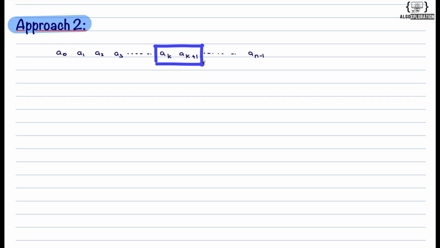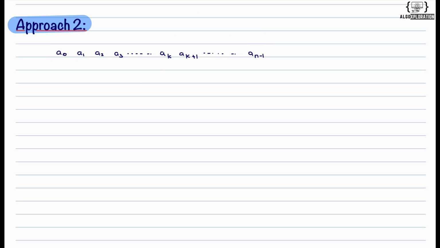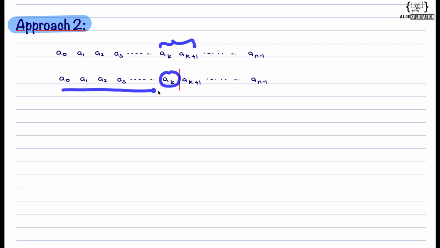Now as I told you previously, the length from this to this will be equal to this, right? So what I can do is divide this whole array into two sections, like this. Since we need to take these two values into consideration, this value is the largest in this section, right?